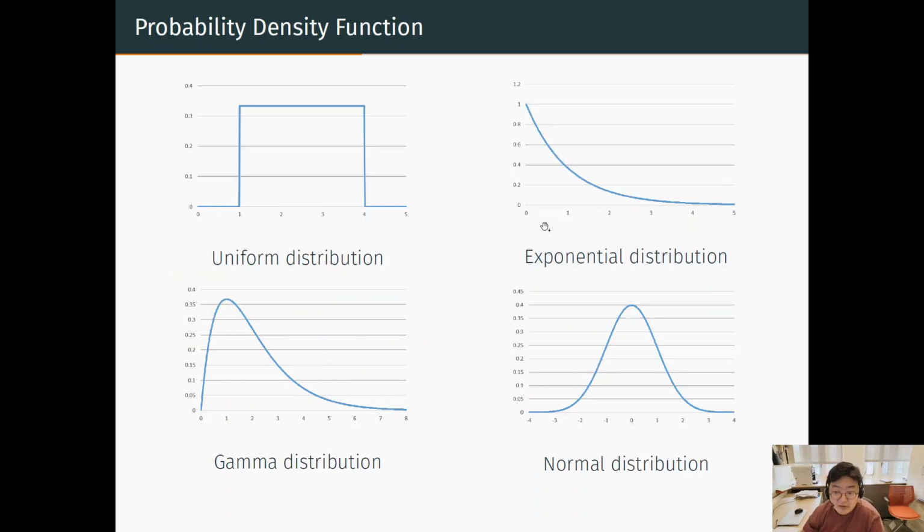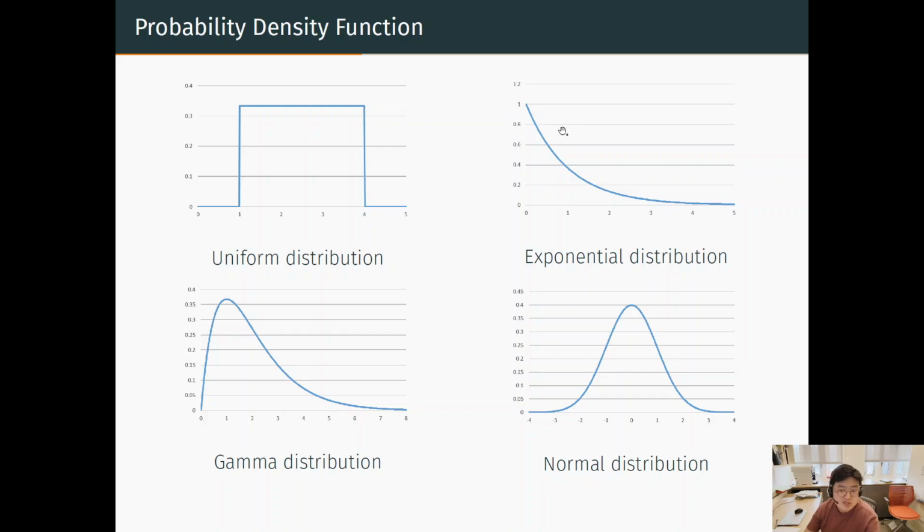Then there are different forms of density functions. Different continuous distributions have different densities. Uniform distribution is uniformly dense, like between 1 and 4, right? And there is no probability outside. So if the density is 0, that means there is no probability there.